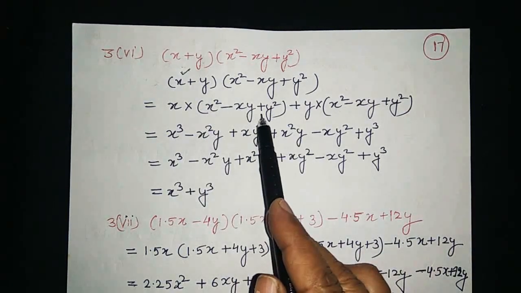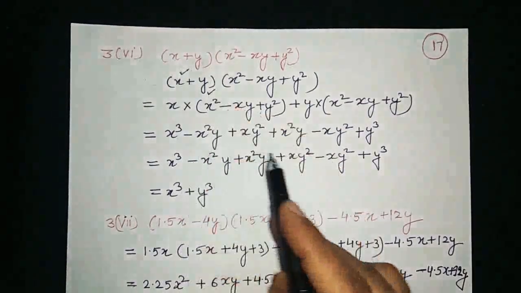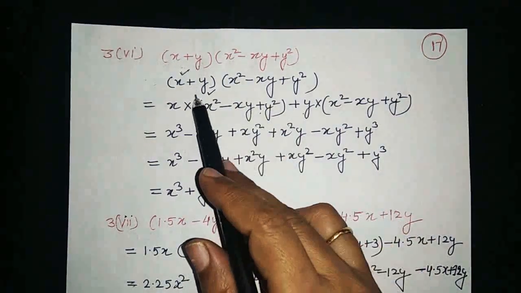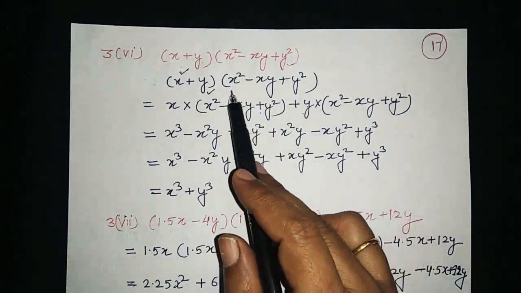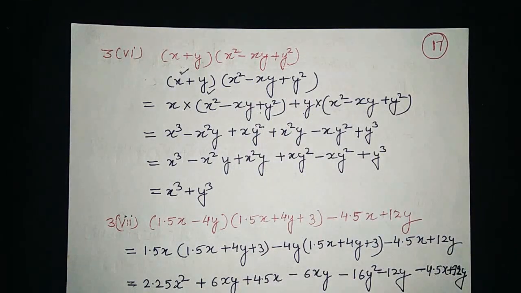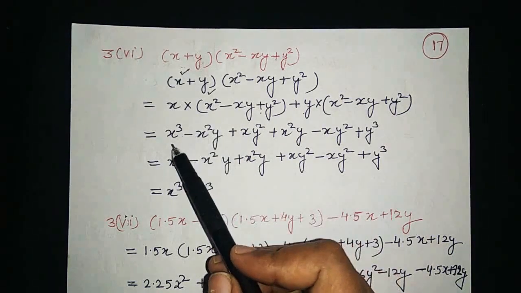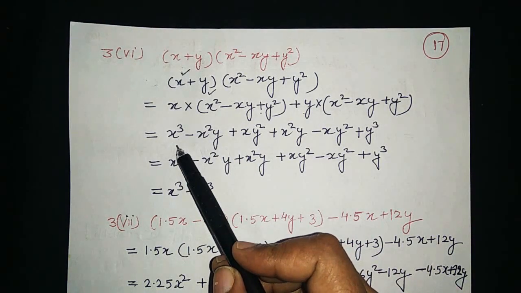Here we will write. Then we will multiply this y, plus y, by x² - xy + y². Now we will start multiplication. x into x², here x³ will come.